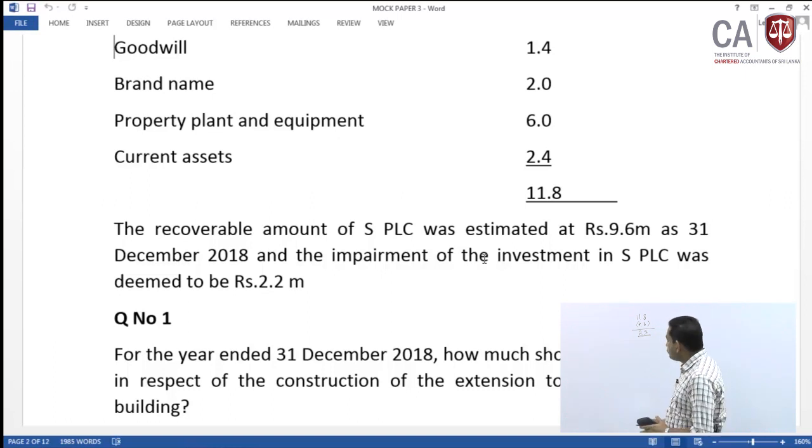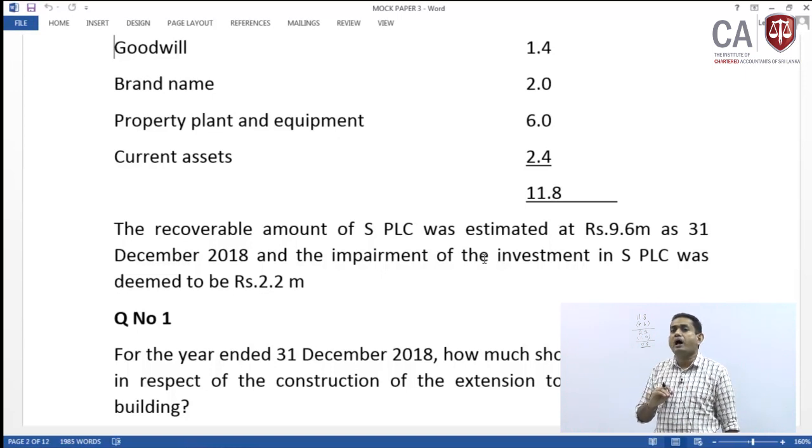So, of this 2.2 million, you should allocate 1.4 to goodwill. 1.4 million should be allocated to goodwill. So, the balance is 0.8 million, and this is what you should allocate to the other assets. What do you mean by other assets? Brand name, property, plant and equipment.